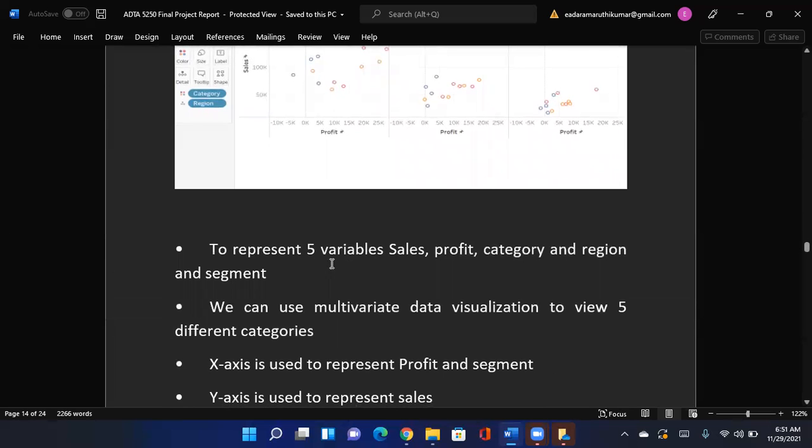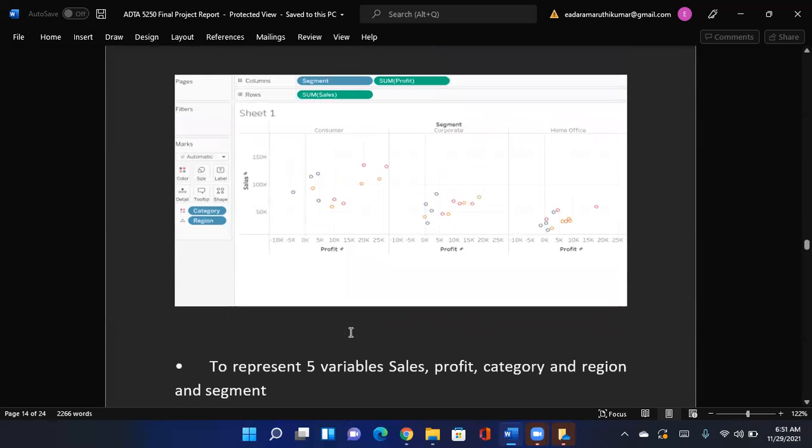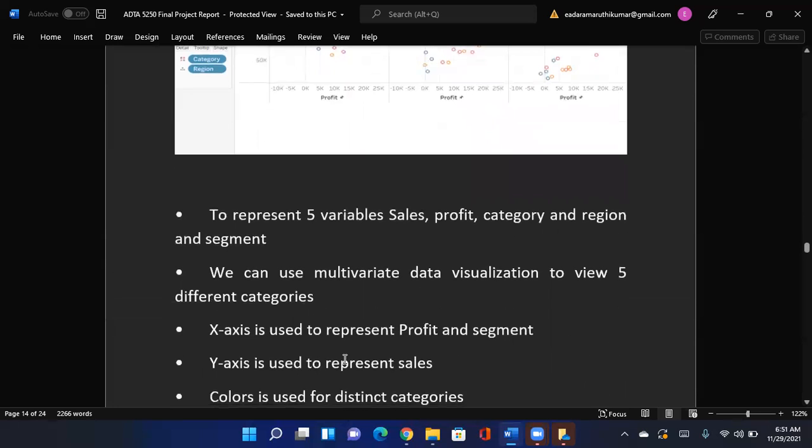The top five variables already mentioned are sales, profit, category, region, and segment. Segment is added here. We can use multivariate data visualization with these five categories.